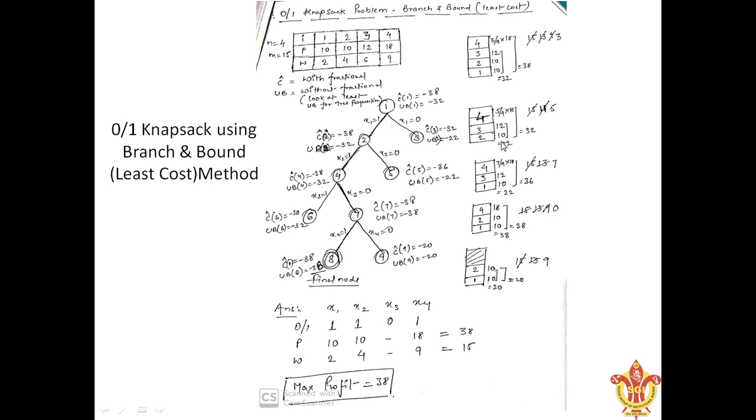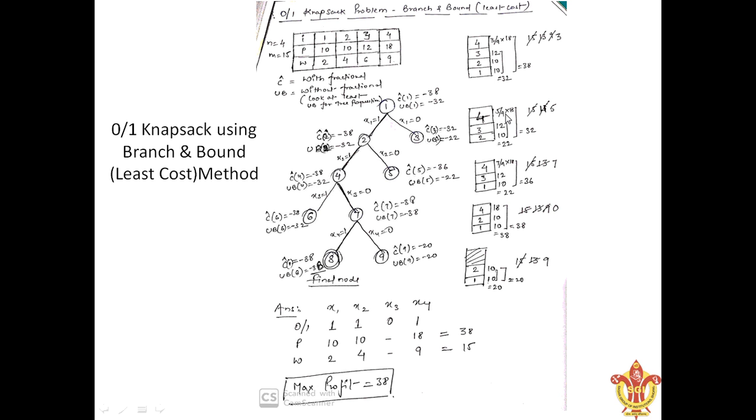Now to calculate the cost in this node, what will happen? We will have to take how much part of this one? 5 is left here. We have 15, we have included this one. 15 minus 4 is 11, 11 minus 6, we are going to get 5. So 5 part of this 9. So 5 by 9 multiplied by 18.